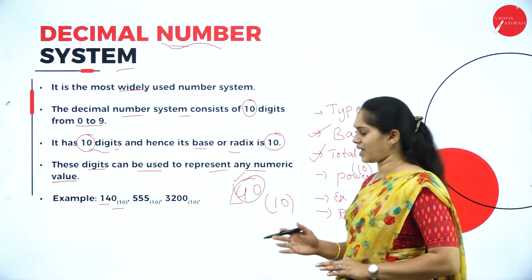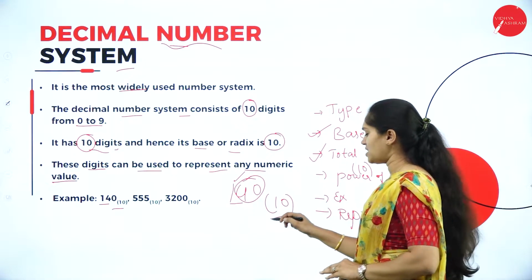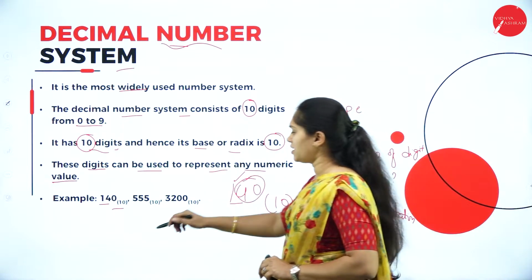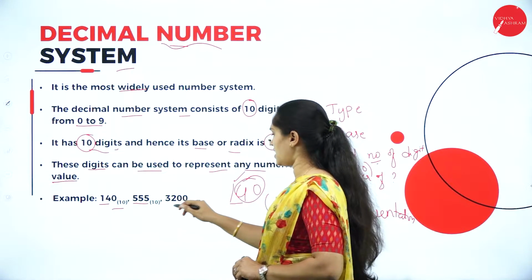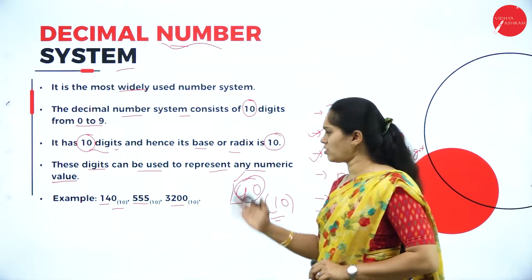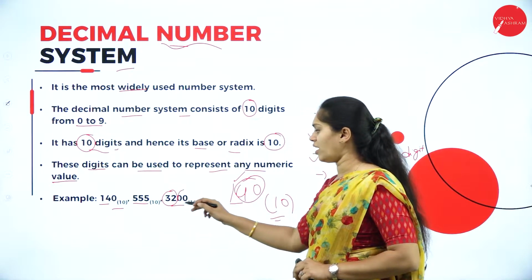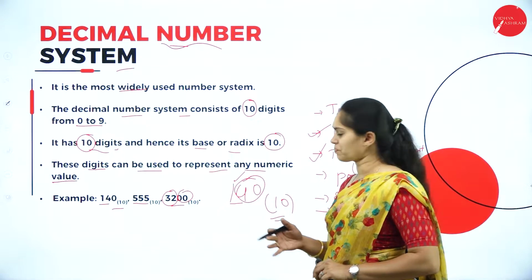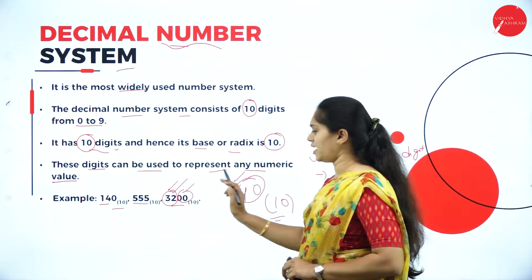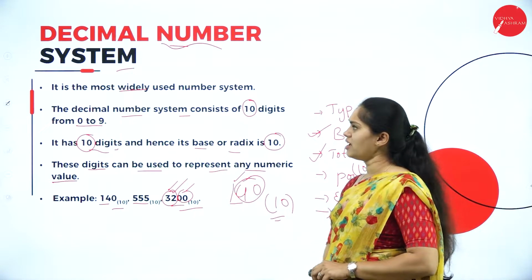That will not be the case. 140 is made of 3 independent digits, and its base is 10. Fine. Then we have 555, base is 10, and 3200, base is 10. You can have a combination of 0 to 9. But here I can't consider this as 32, or I can't consider this as 00. That is why you need to consider the digits separately. Then its base is 10. This is the example.